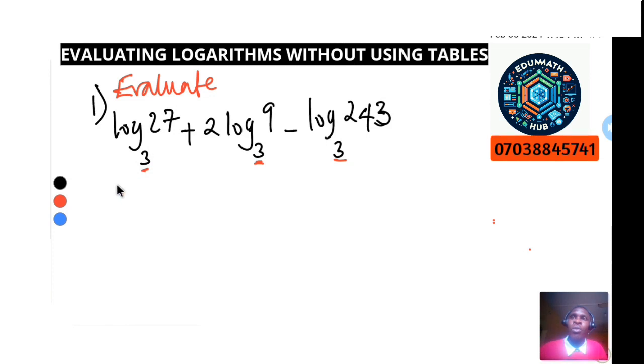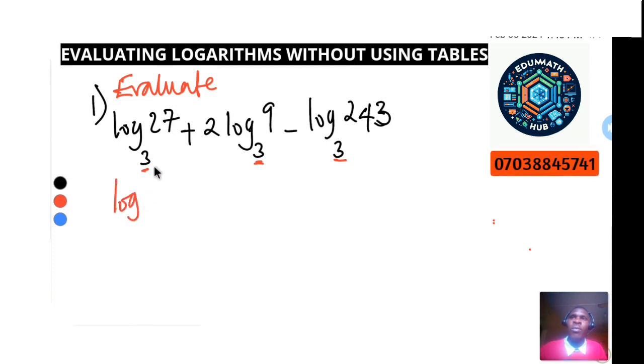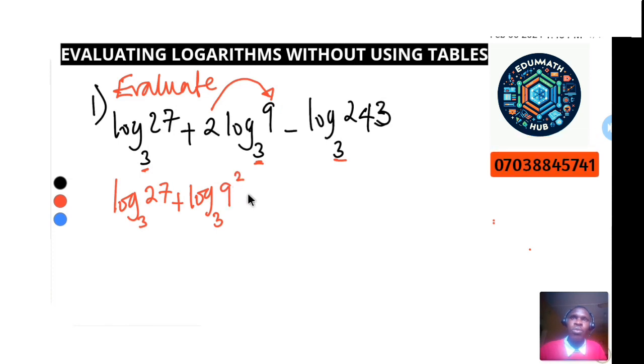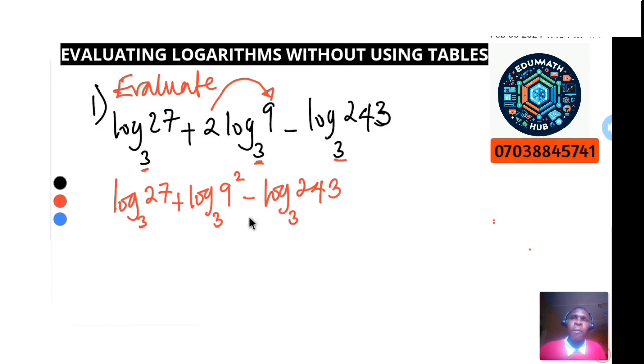So you have log of 27 to base 3, plus, move this 2 here using the power law to the top of this 9. So you have log to base 3 of 9 squared, the 2 moves to the top, minus log to base 3 of 243.